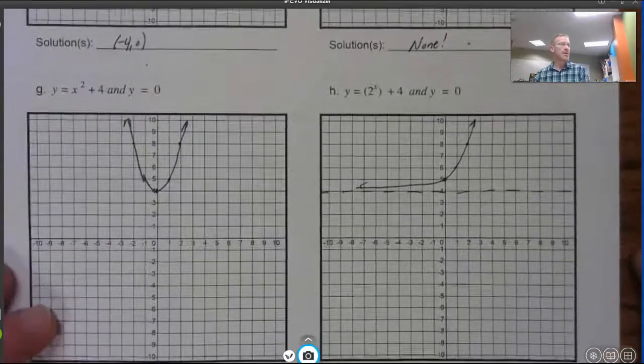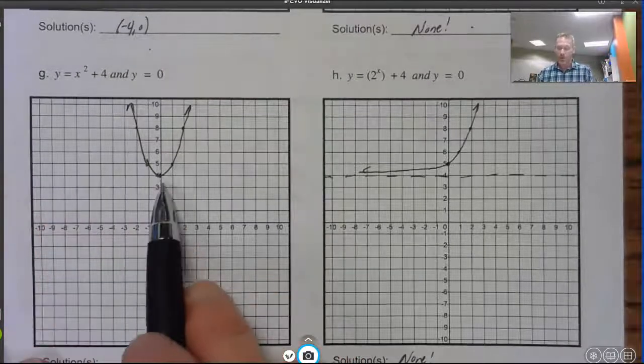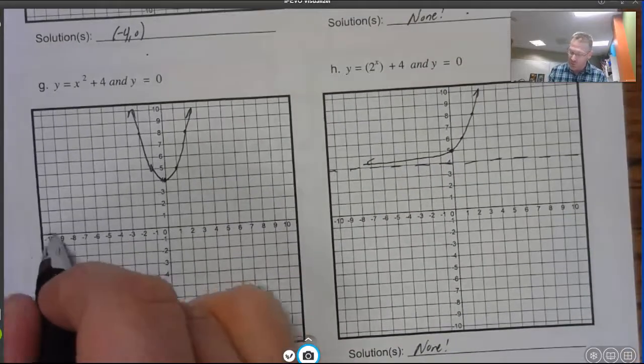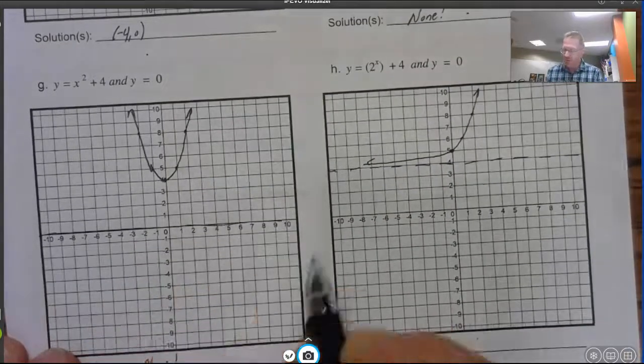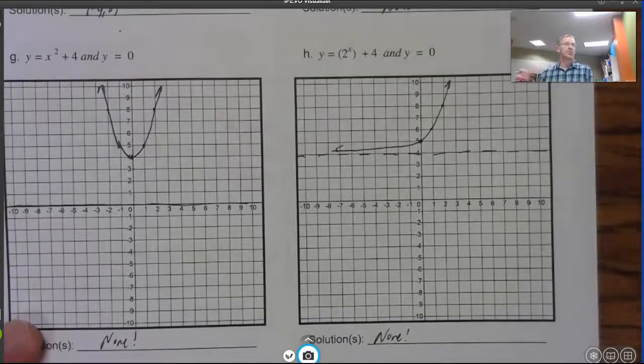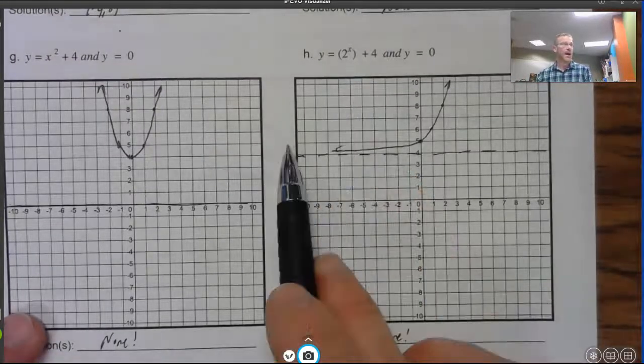When we look at G, same thing happens here. Our vertex is 0, 4. We go up 1, we go up 3. Y equals 0 once again is down here, so we can see that we don't have any solutions, no point of intersection. H, now our floor is at +4.